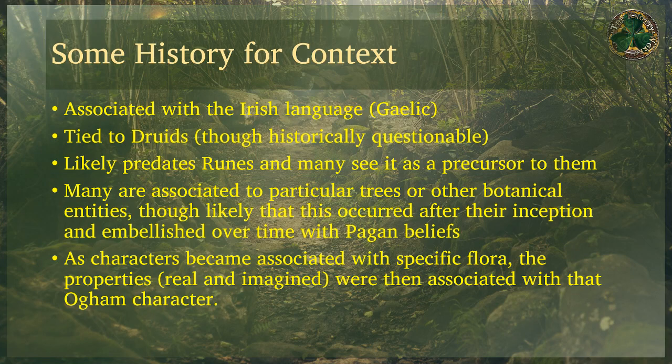So it was kind of like a dualistic nature where, okay, the trees got these benefits associated with them, therefore the character that's associated with the tree is also then granted those benefits as well. Which is not hard to figure out, hard to really consider.